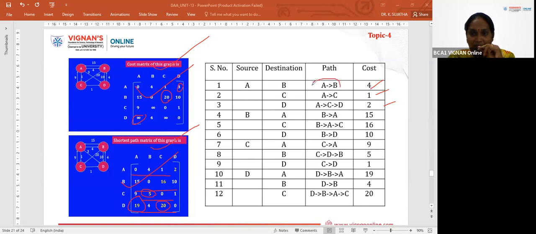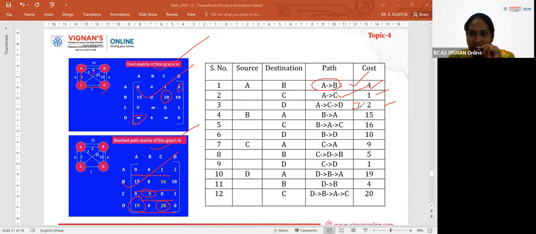So the shortest path from A to B is the direct path. The shortest path from A to C is also a direct edge. But even though there is a direct edge from A to D with cost 3, the shortest path is A to C and C to D, which can be reached within 2 units. Here the direct weight is 3.